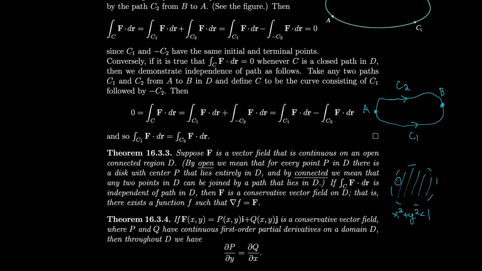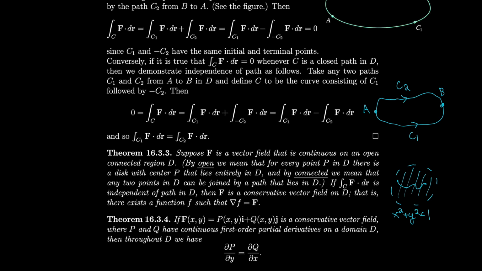So this would be an example of an open region. It also happens to be connected because if I pick a point here and a point here, I can connect them with some path. So as long as we can connect them with a path, we say that it's connected, at least for our definitions that we're going to use in our calculus sections.